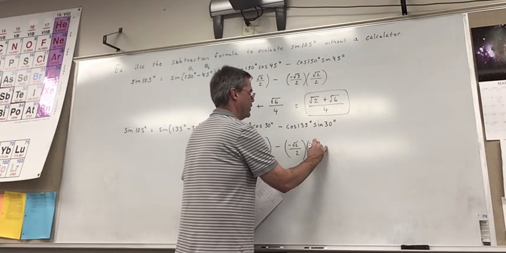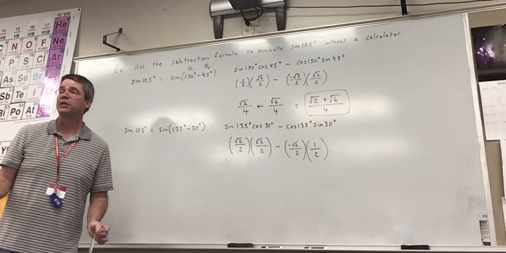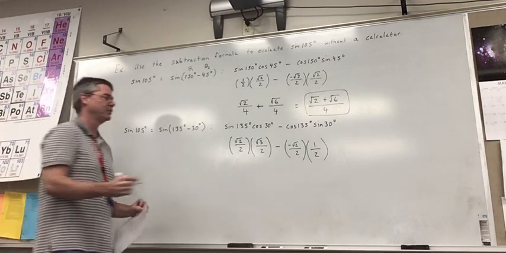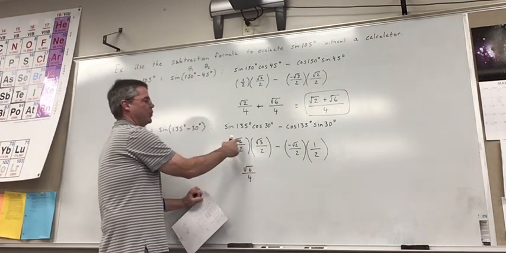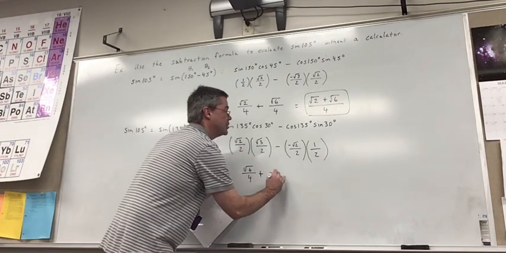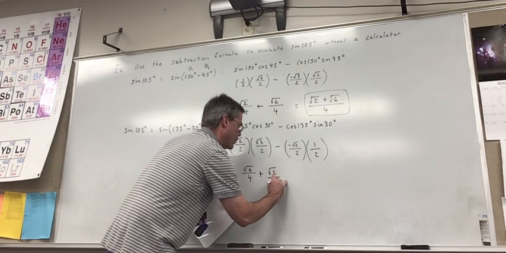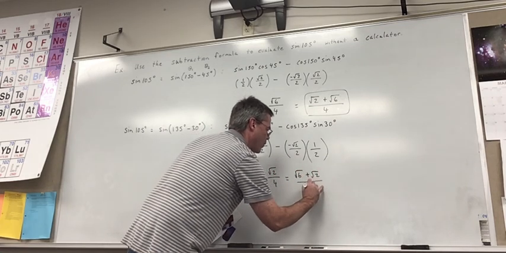And then sine of 30 is 1/2. You'll get the unit circle on the test, so you don't have to memorize it. That's going to be root 6 over 4, right? Root 2 times root 3, root 6, 2 times 2 is 4. Minus minus would be plus root 2 over 4. So that's root 6 plus root 2 over 4.